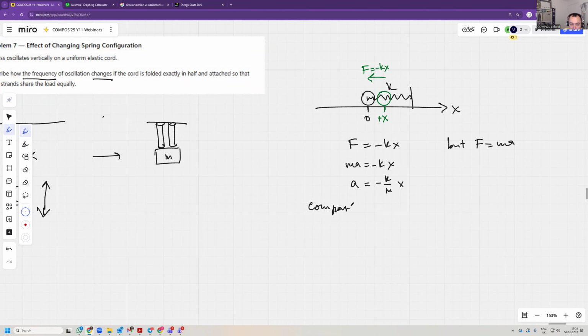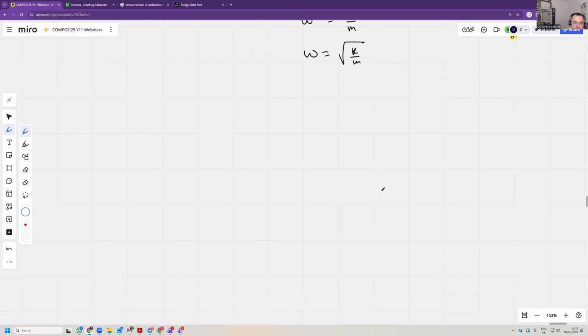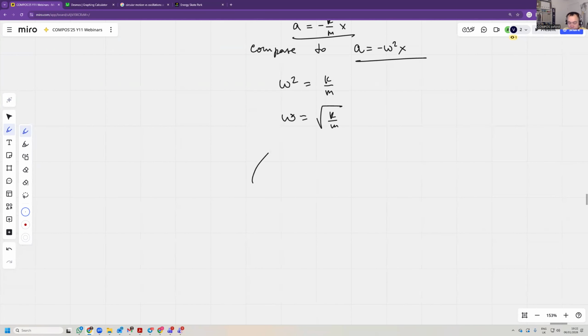Compare to the equation of simple harmonic motion, a equals minus omega squared x, and we can see that omega squared is k over m. So omega is the square root of k over m, and frequency is omega divided by 2 pi. So it's 1 over 2 pi times the square root of k over m.